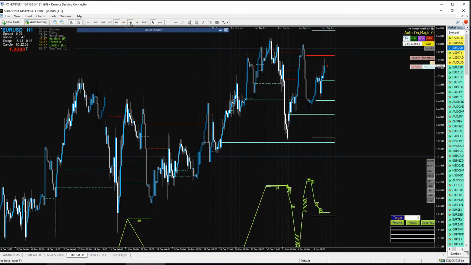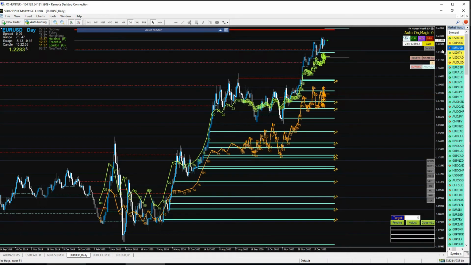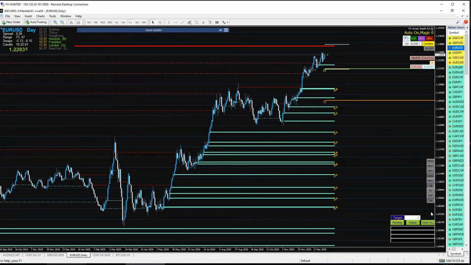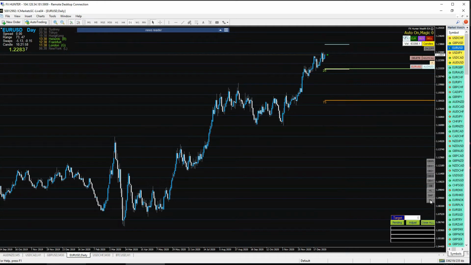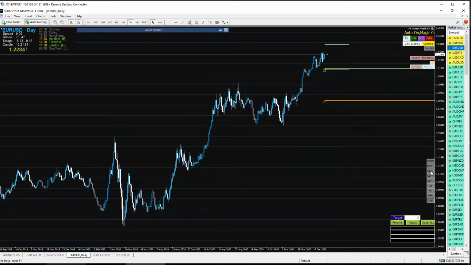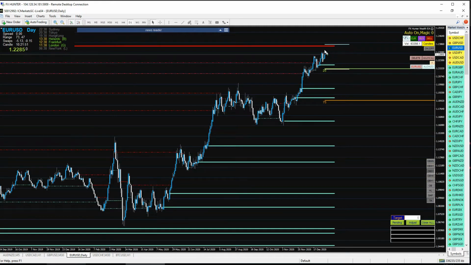So let's bring it to the daily, and for example, let's say we want to trade this channel as I have drawn. Let me hide all of these institutional levels, and I can leave this one just here, right? So what we have here is this institutional level, and I said that I would like to see the drop from here, but as well it would be perfect if it reaches here in this channel, right?